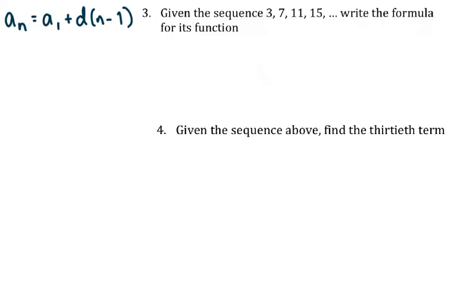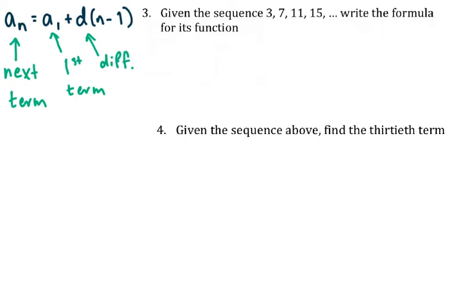So here we're sort of doing the opposite, where we have the sequence and we're asked to write the formula of its function. So I'm going to be using this initial one here, where remember that a sub n is, you can call it the nth term, but if it's helpful, just think of it as the next term. And then a sub 1 is our first term. And then d is our common difference.